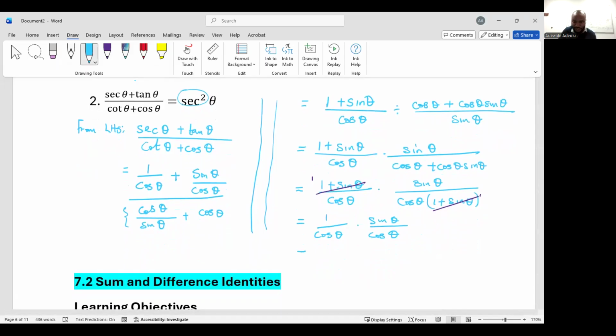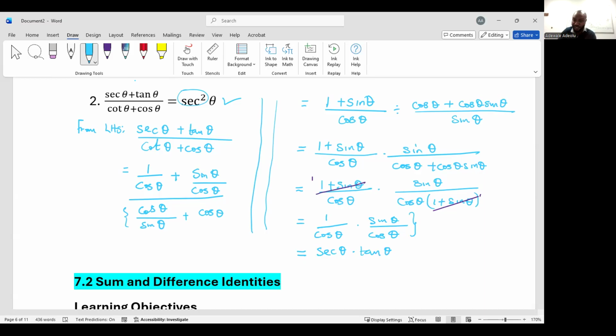And in the end, this is secant of theta times tangent of theta. So I am unable to get to this right-hand side. How do I know that? Because everything here is already in its simplified form. So looks like there is nothing I can do again.